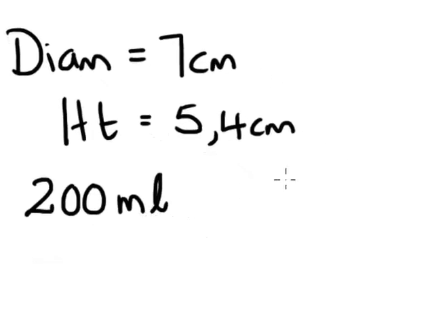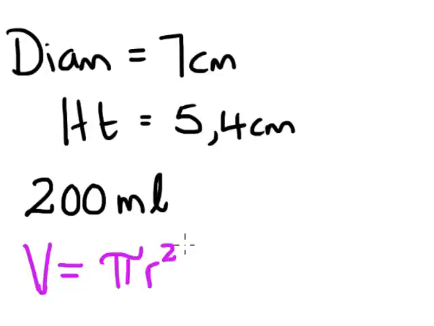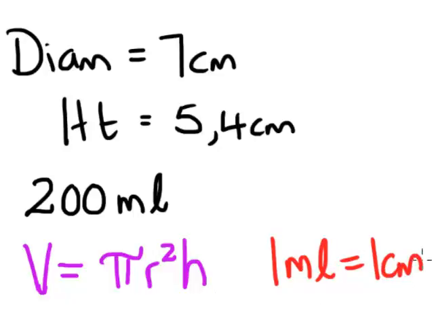Now I want you to use the formula, the volume of a cylinder is pi r squared h, to determine whether the amount it says on the container is the correct amount. We also have another piece of information: 1 milliliter is equal to 1 cubic centimeter.